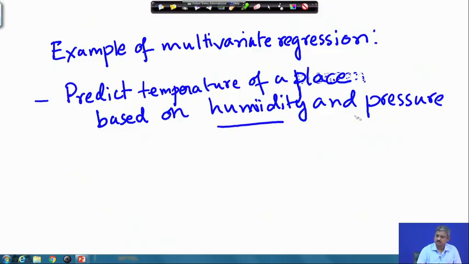So, there are two inputs, bivariate, and one output. Actually, in general there can be multiple outputs also.